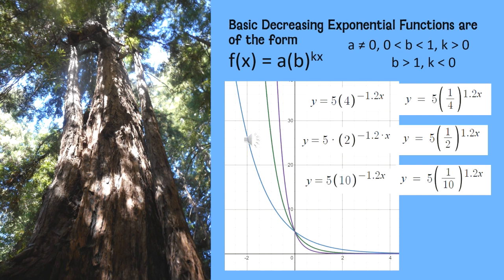Notice that the larger the denominator, the steeper the graph, but because the graph is now a reflection, the steepness is on the negative side of the x-axis. So if you change an exponent to negative, or you take the reciprocal of the base, you're going to get a reflection about the y-axis.